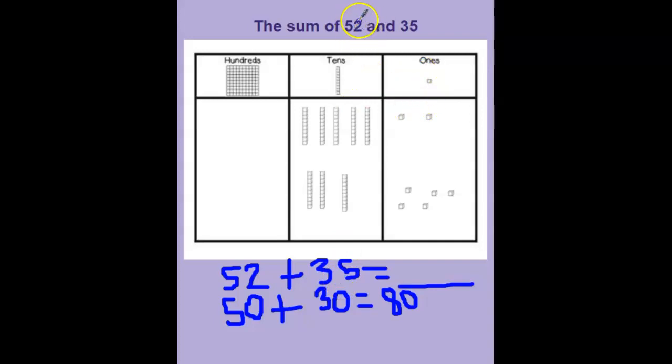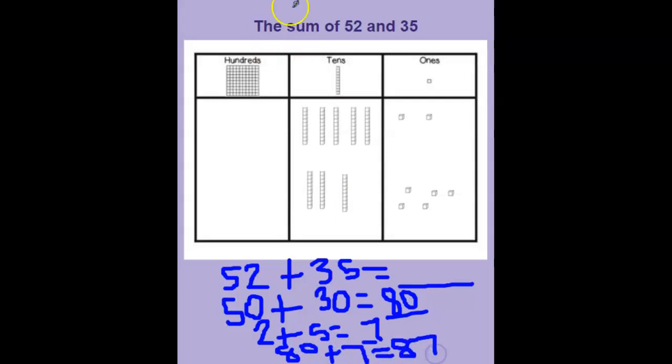Then if I add my ones, 2 and 5, 2 plus 5 equals 7. So if I add my two sums of 80 and 7, it equals 87. So the sum of 52 and 35 is 87.